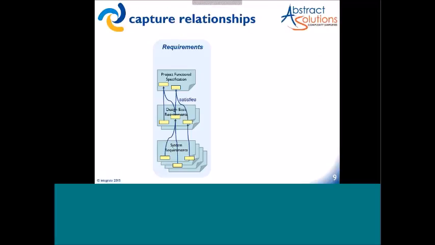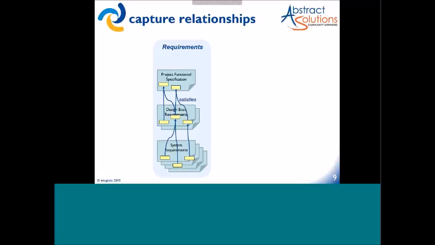The third principle is that we capture the relationships between requirements across the layers. So as we write in the example on the screen our design basis requirements, we are writing them in response to the higher level requirements in the functional specification. So let's capture that relationship.